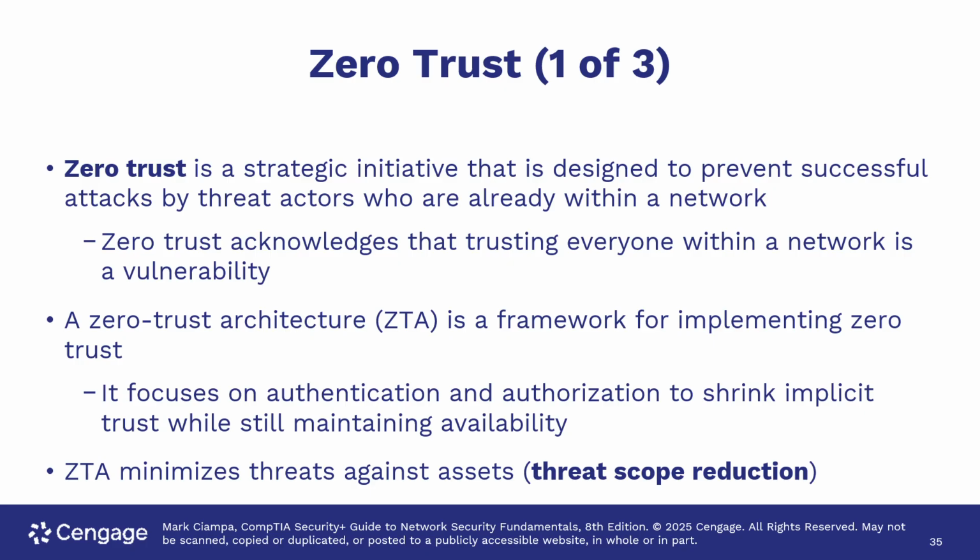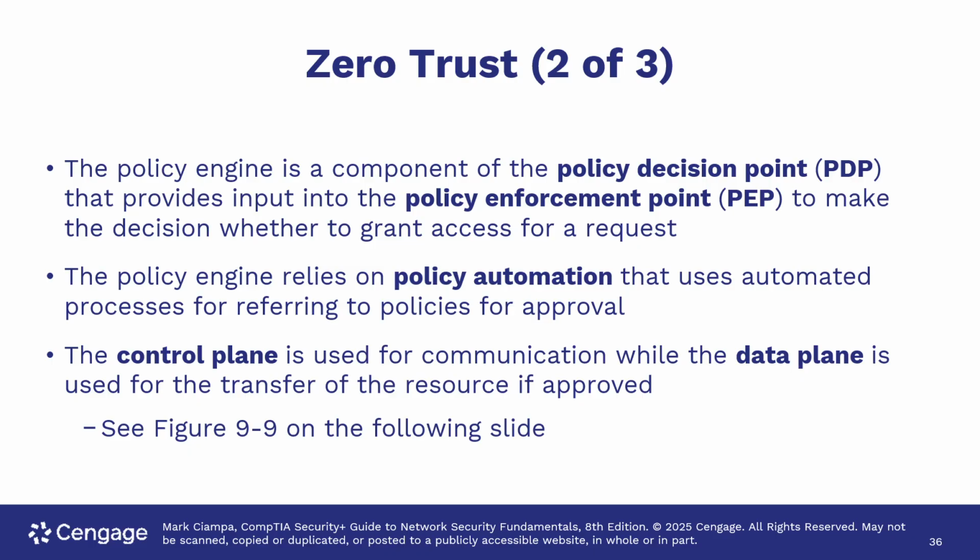Okay, zero trust architecture is a framework for implementing zero trust. It focuses on authentication and authorization to shrink implicit trust while still maintaining availability. And it minimizes threats against assets. That's called threat scope reduction. The policy engine is a component of the policy decision point that provides input into the policy enforcement point to make the decision whether to grant access for that request.